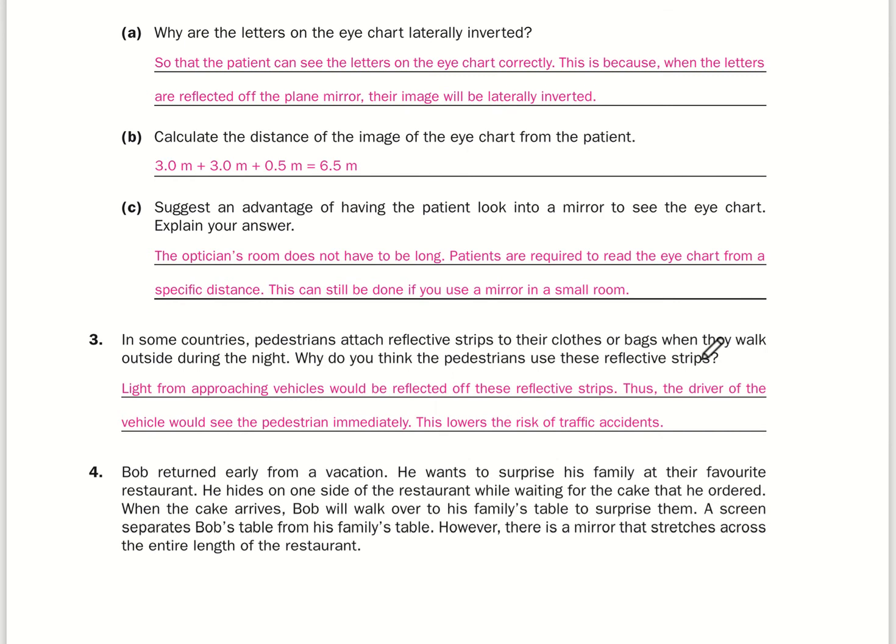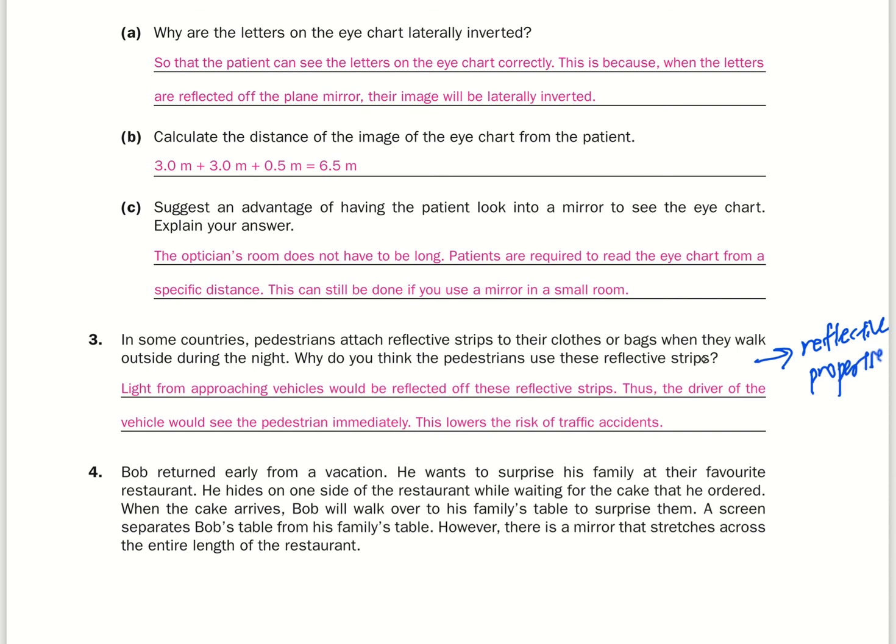and this lowers the risk of traffic accidents. So when I was marking your work, some of your classmates wrote good answers. So basically, there are two key points over here. First thing, you need to write about the reflective property. And second thing, why must we have this reflective property?